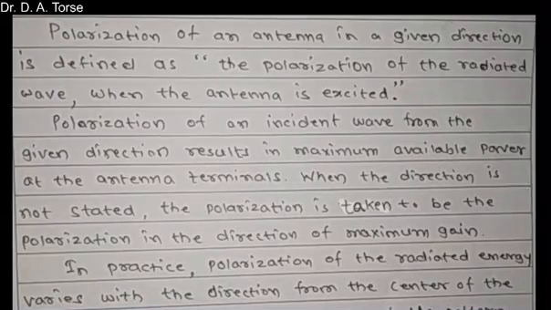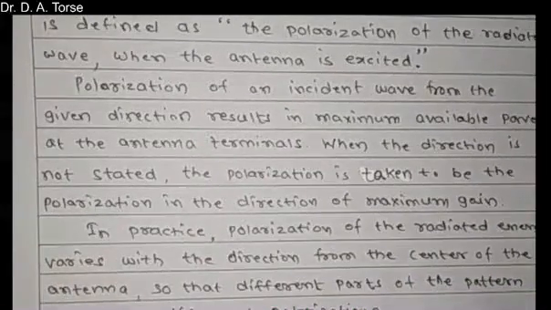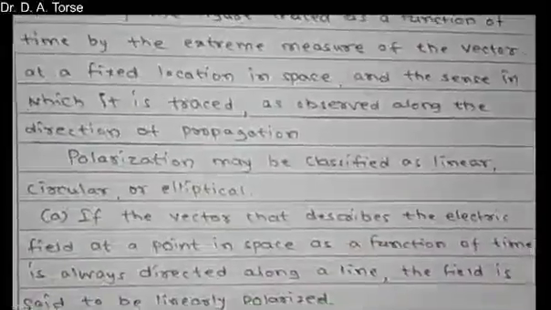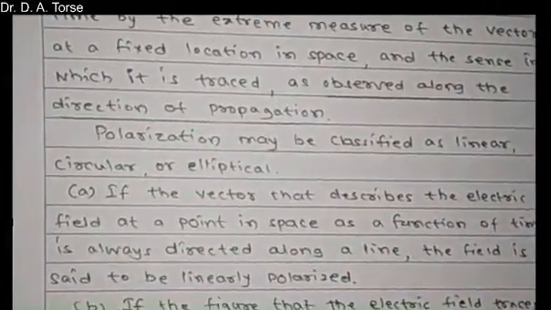In practice, the polarization of radiated energy varies with direction from the center of the antenna, and that's the reason why polarization can be categorized as linear, circular and elliptical polarization.